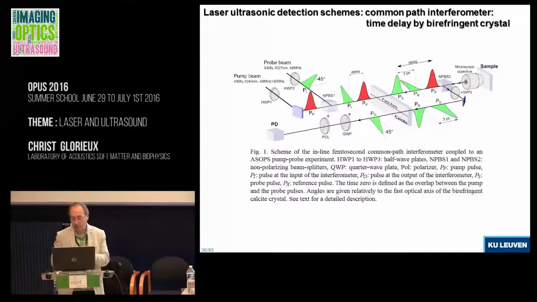So it's a more compact setup, and you are using the optical anisotropy to play with the delay. You cannot tune the delay anymore because the refractive index anisotropy is fixed and the thickness of the crystal is fixed, but it's nice because it's so compact.